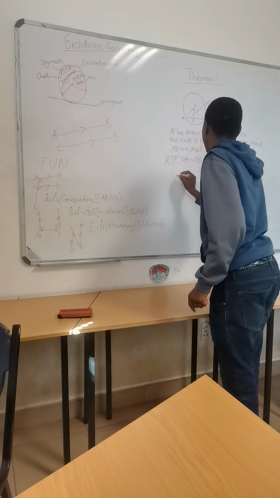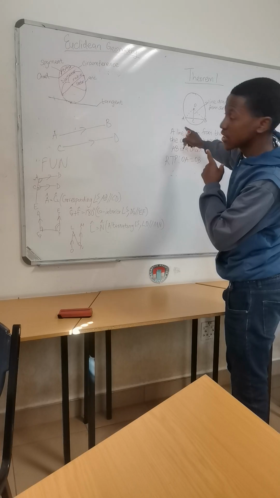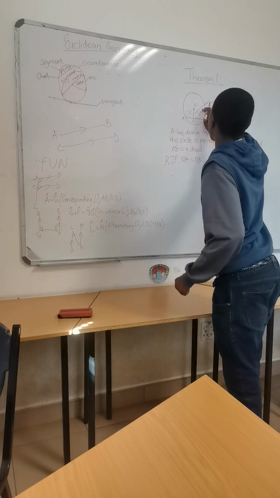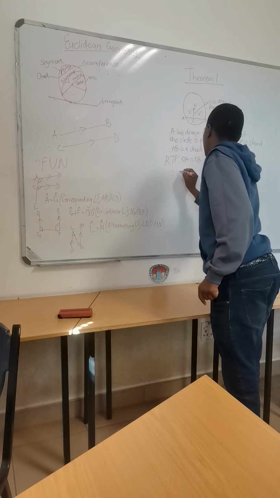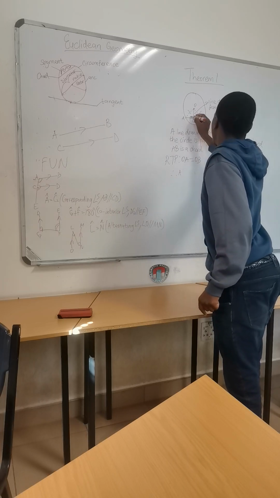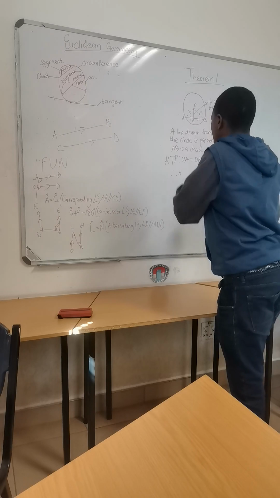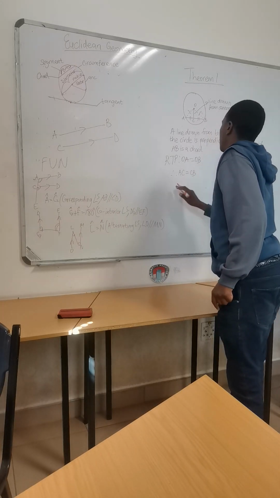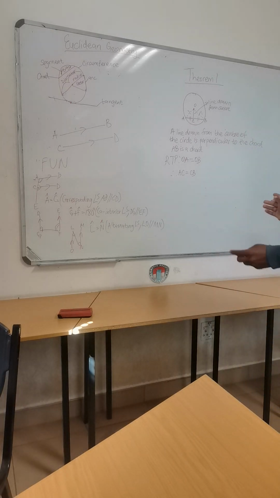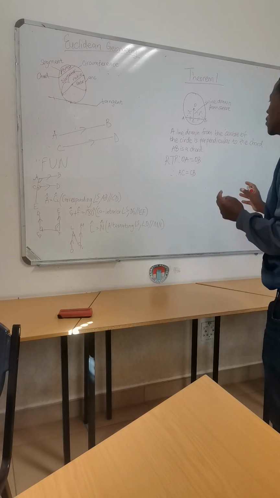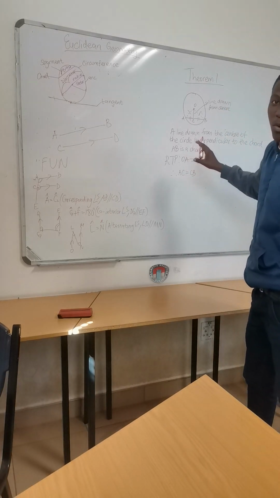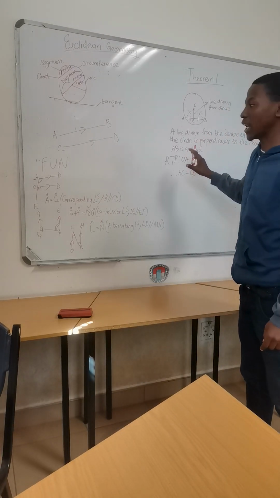Therefore, that makes AC equal to CB. AC being equal to CB. This is according to theorem 1. This is what you need to know according to theorem 1.